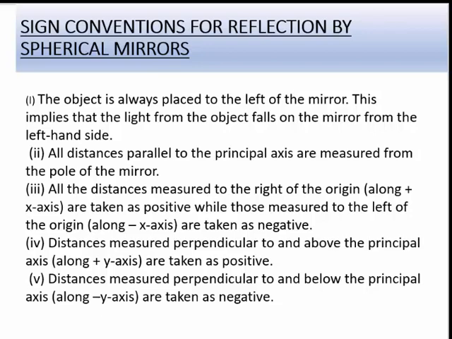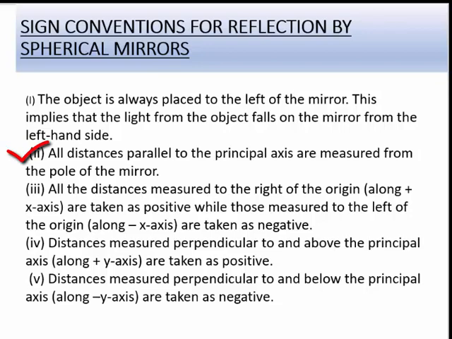Look at the first point. The object is always placed on the left of the mirror. Yes, we did see that. Always we will assume the object is placed on the left side. Now, if the object is placed on the left side, which means that all the light rays are falling on any lens or any mirror from the left only. All distances parallel to the principal axis are measured from the pole of the mirror.